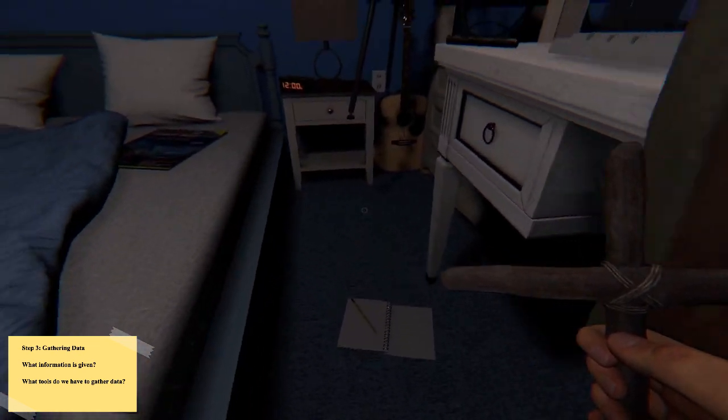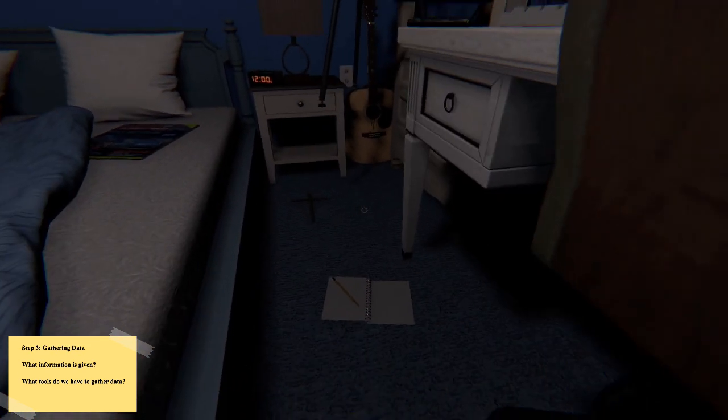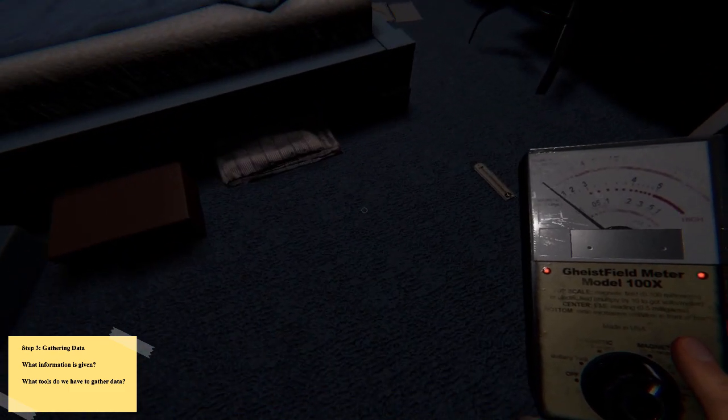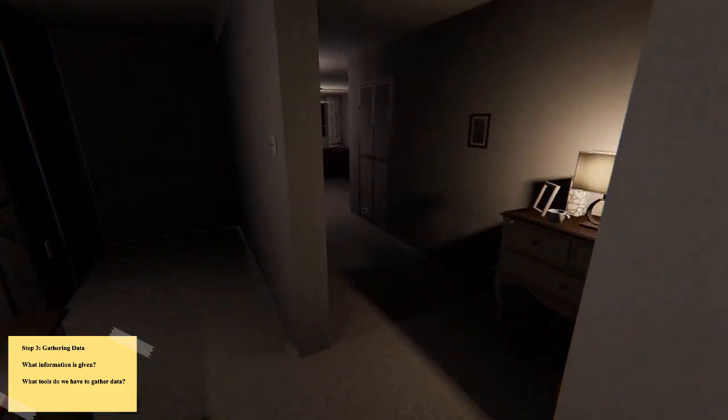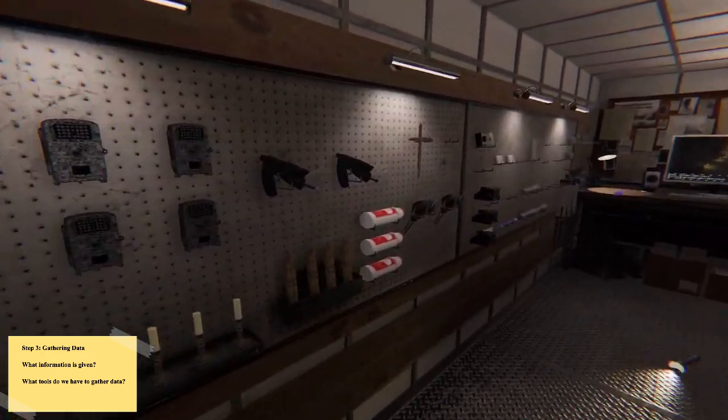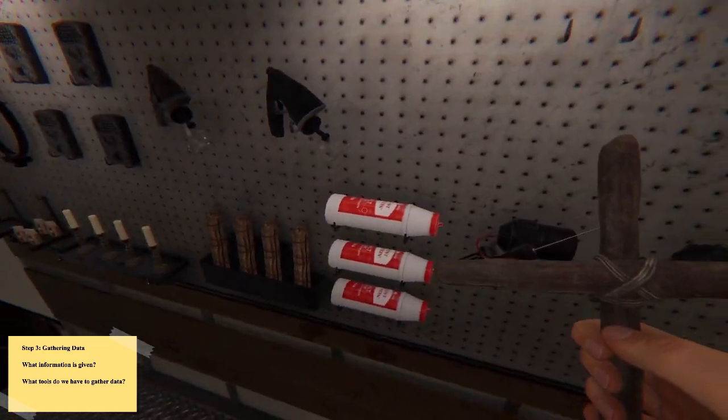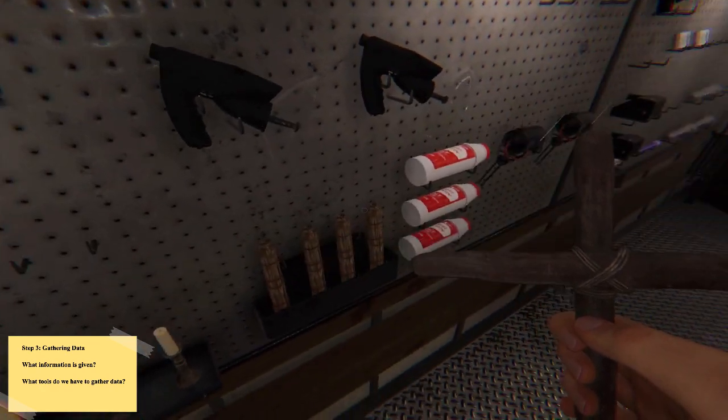And we'll put the crucifix down, one of them right there. And turn the EMF down. Ooh, it's already hitting 3. Okay. Now let's go grab a little bit more. This is a very real part of science. A lot of equipment. We'll grab the other one. We'll grab a motion sensor, and we will grab salt.